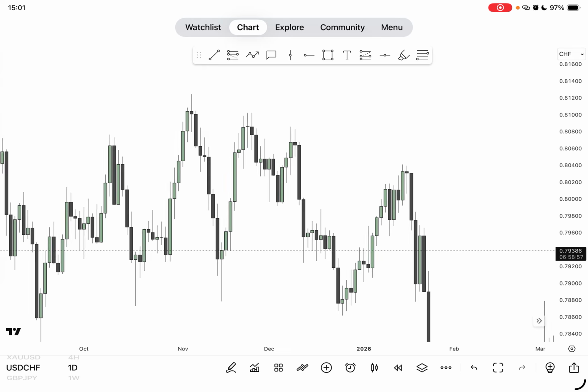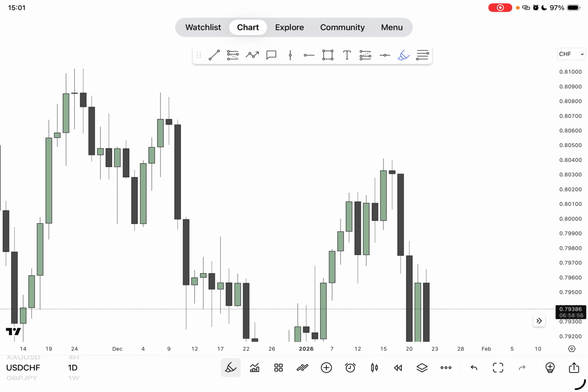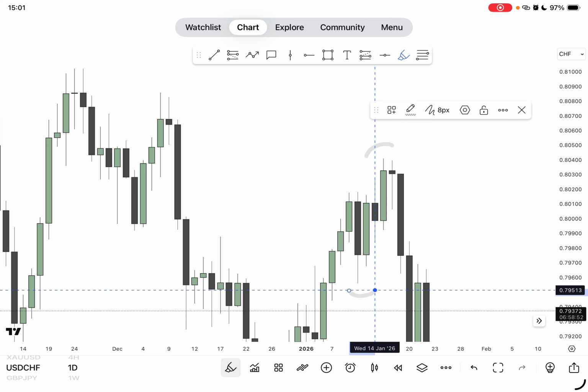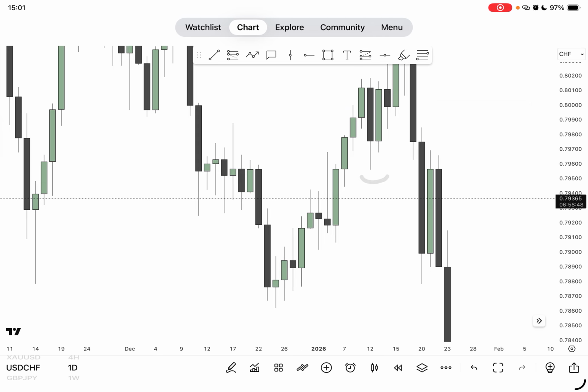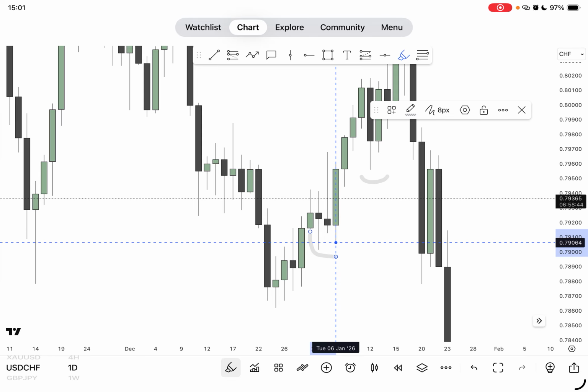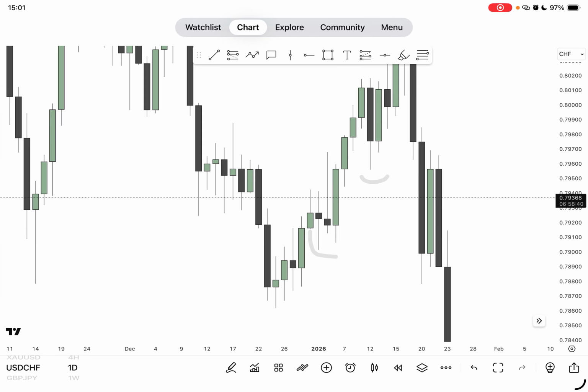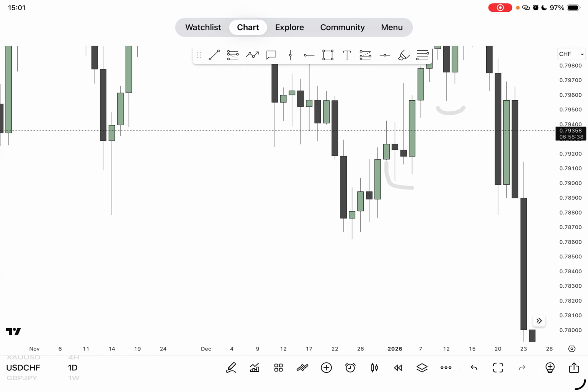Now, what can you see? You can see this is a swing pattern, right? Anywhere the price does the swing pattern is where price gives us a reversal. Look at this swing pattern right here, and right here, and here also.